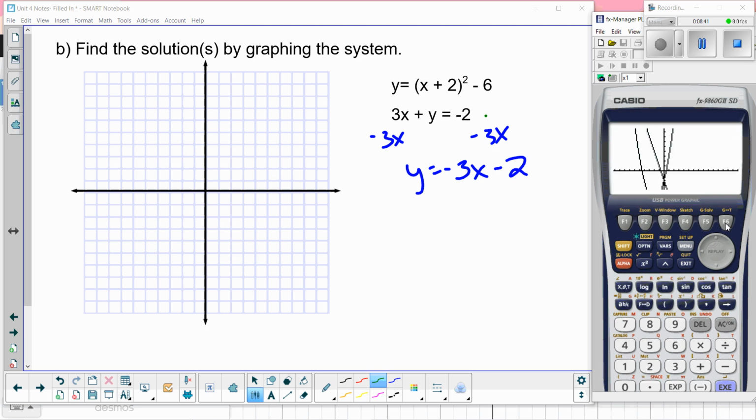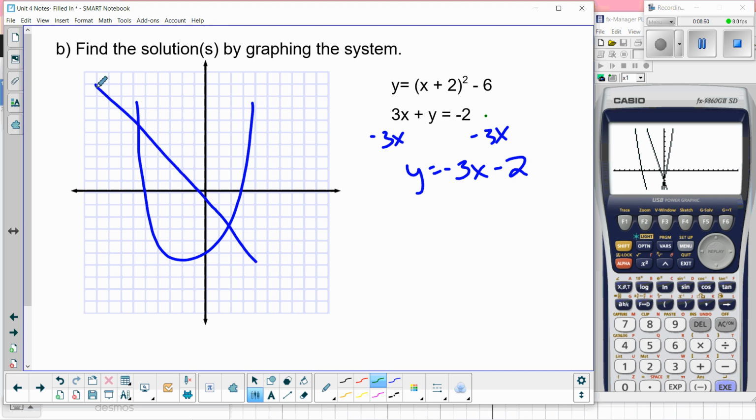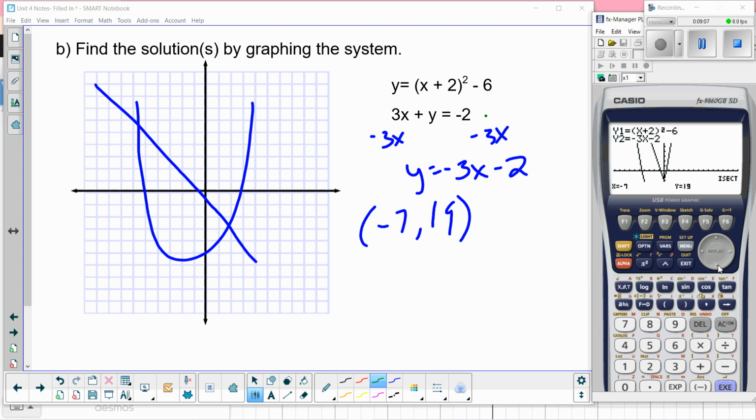Because we have a parabola, this is a rough sketch, this isn't exact, but it looks something roughly like this. These are going to cross at 2 places. So when I press to find my intersection, that's F5, F5, it gives me one at (-7, 19), and then for the other one, I press the side button, sorry, not the down button, and it gives me my other point of intersection.